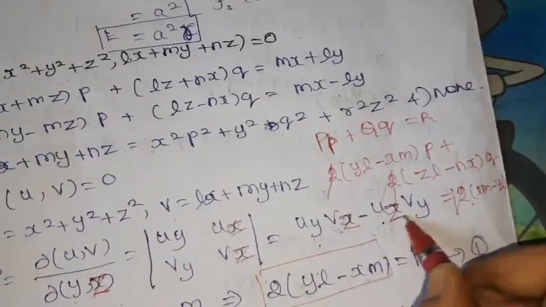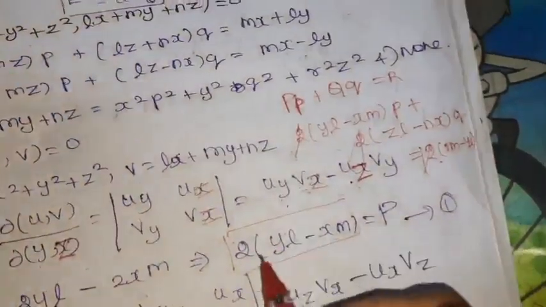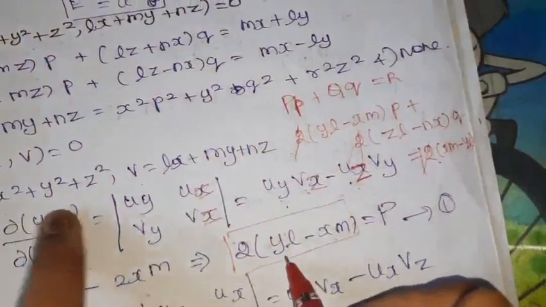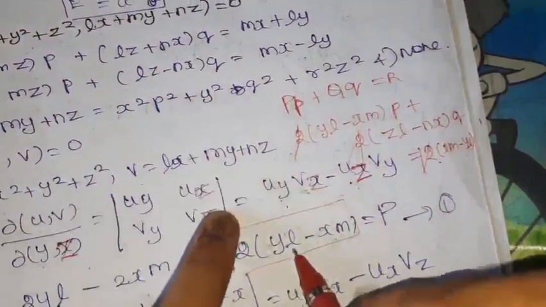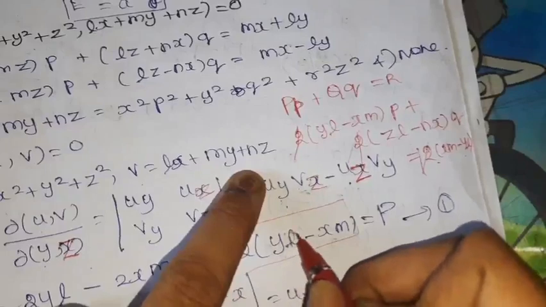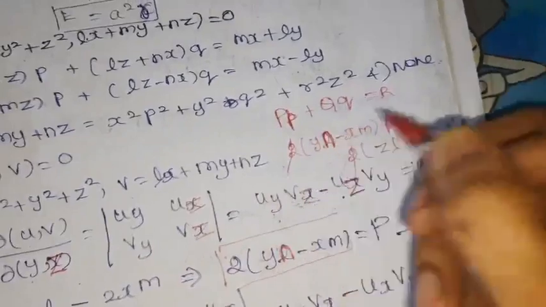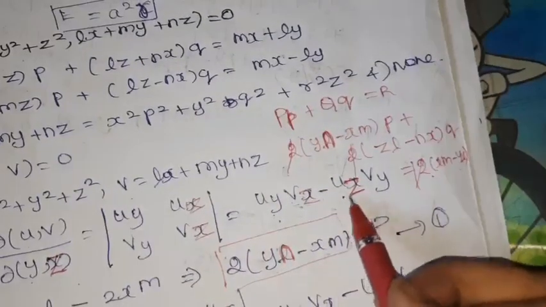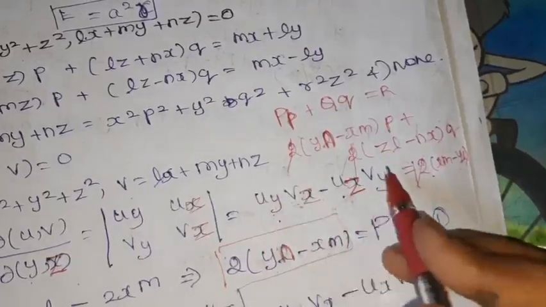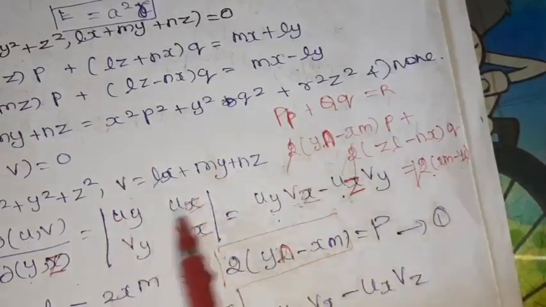In place of x we need to substitute, so this term will change. uy equal to 2y. Then what is vz? vz is nothing but n. So this is ny. Again minus uz. uz is nothing but, sorry, n.